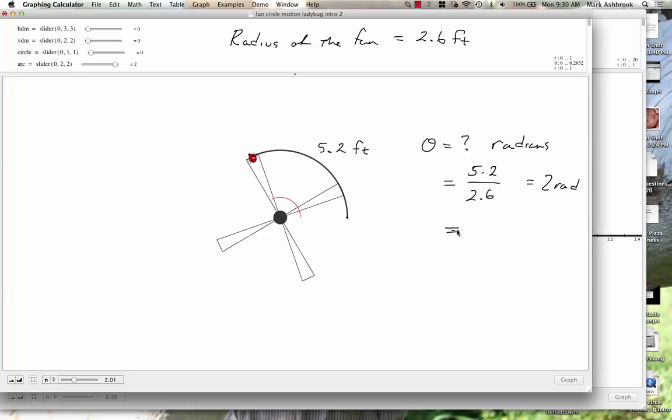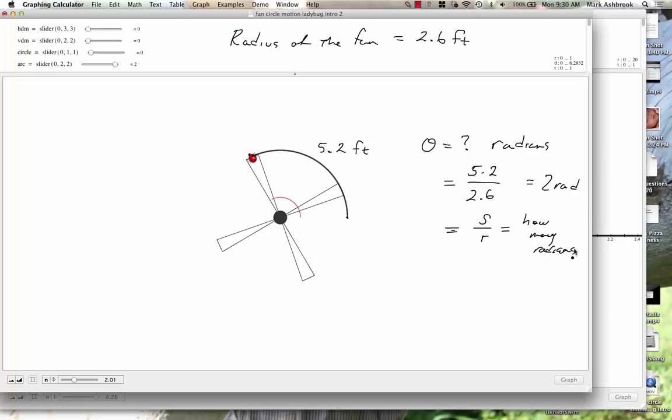So remember that's our full arc length in feet. That'd be S over R. And so what is S over R doing? It's counting how many radius lengths make up that arc length. This is how many radius lengths are equivalent to what?